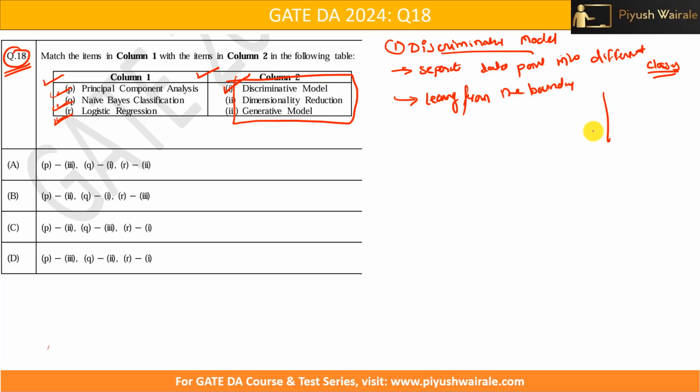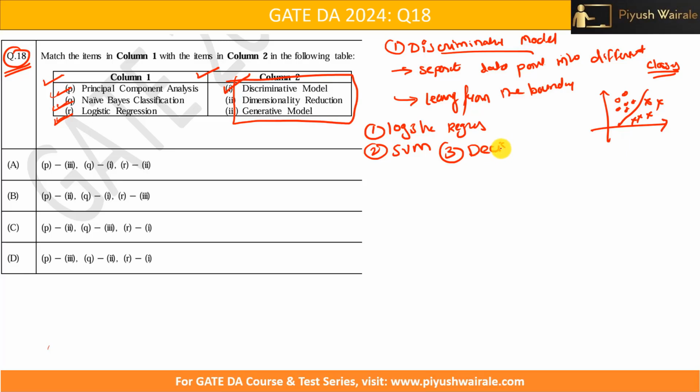If I draw a graph here, I have a few data points like this, and in the classification, you observe this is my classification line and these are the data points. So this is basically a discriminative model. For example, logistic regression is an example of a discriminative model. Support vector machines, SVM, are also examples, as are decision trees.